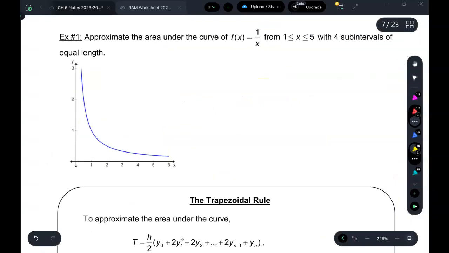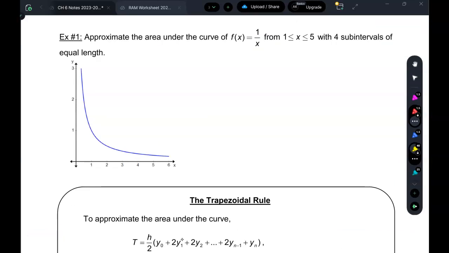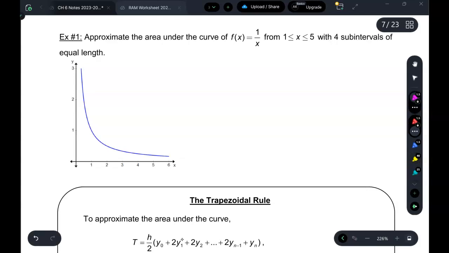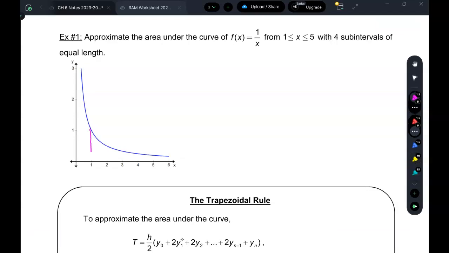Okay, so we're going to approximate the area under the curve f of x equals 1 over x. Remember, that's a rational function. We want to go from 1 to 5, so from here to here.